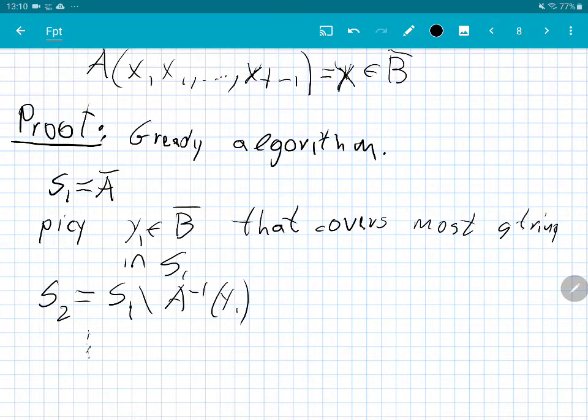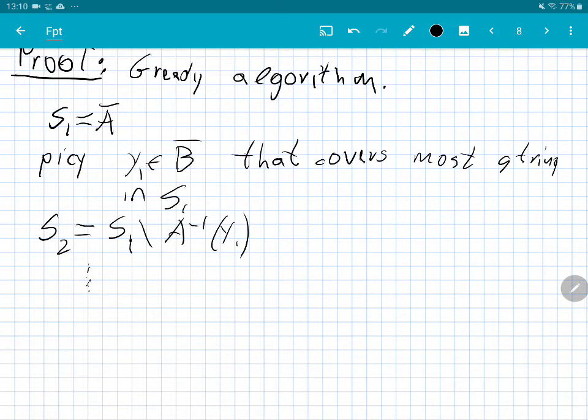So why is this process working? Well, think about it. Si are all the strings that are not covered. So the number of t tuples they define is Si to the power t, which is a large number.